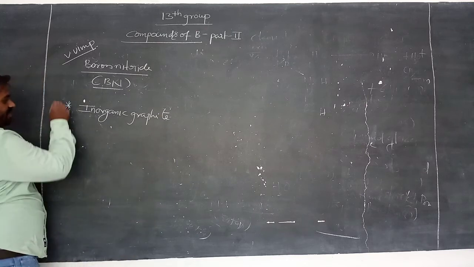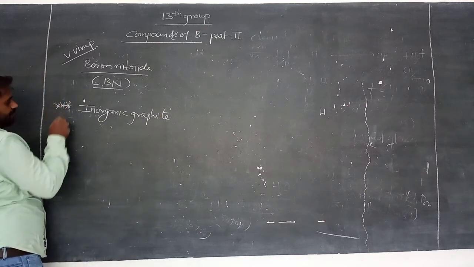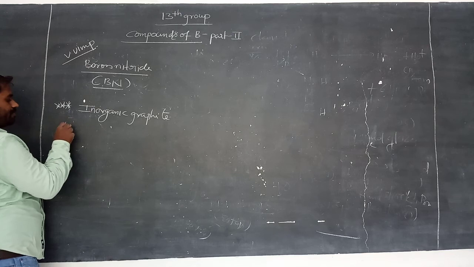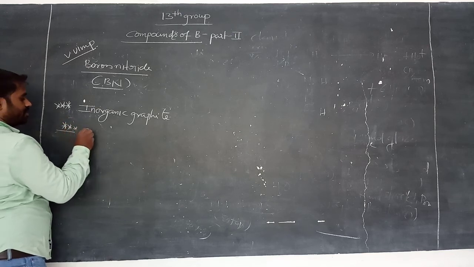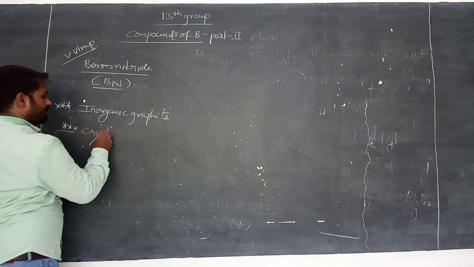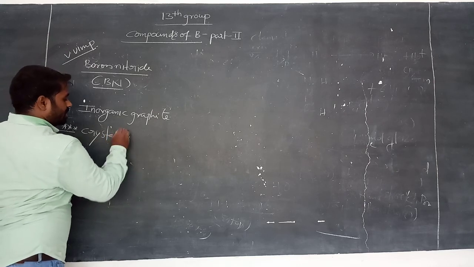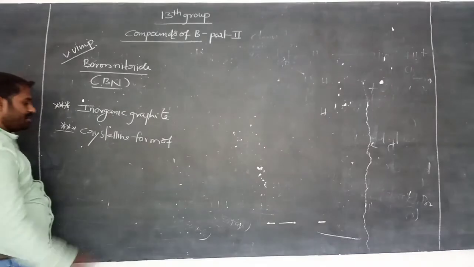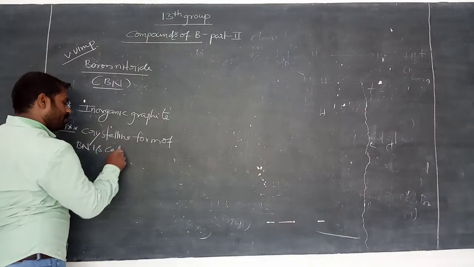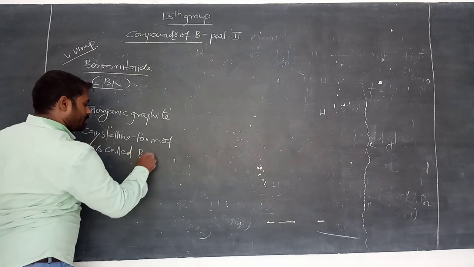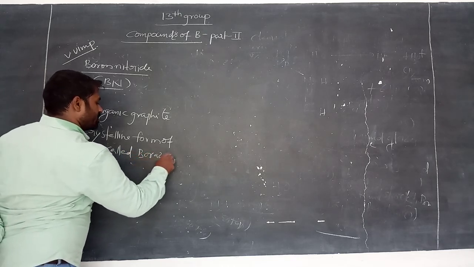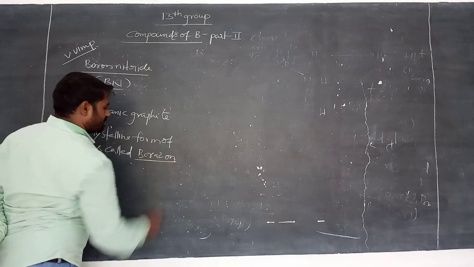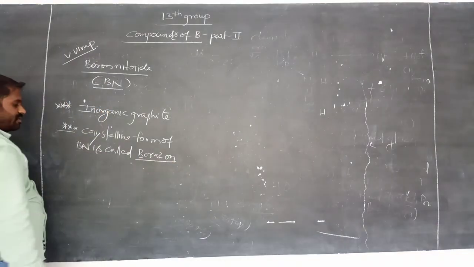Inorganic graphite, very very important. Okay. The crystalline form of BN is called borazon. Borazon.